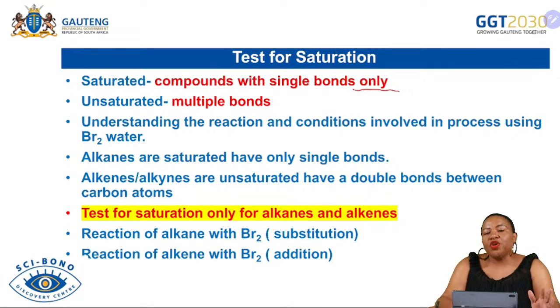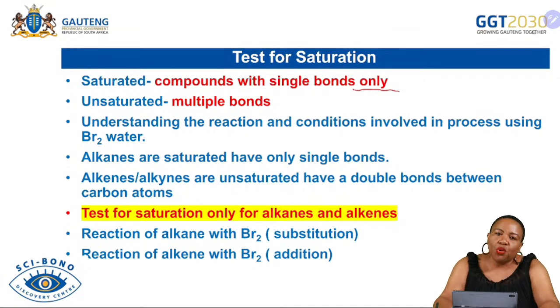So you need to put the words single bond only, so that you show that there is no way that you can get a double bond in that compound. And then we said unsaturated have multiple bonds. Double bonds and triple bonds all qualify for unsaturated. But for this lesson, we are going to look at only the alkenes as unsaturated, because we are only going to look at the reactions where alkenes are formed or where alkenes react.